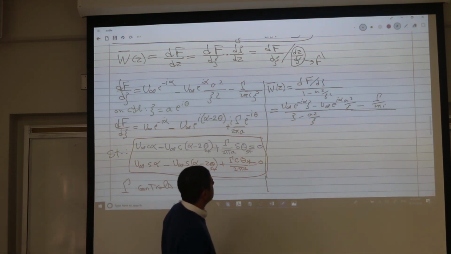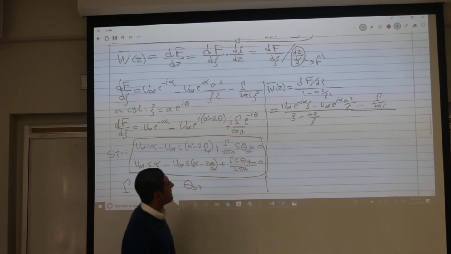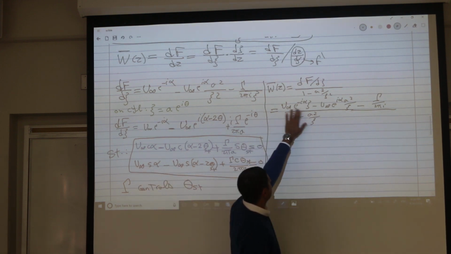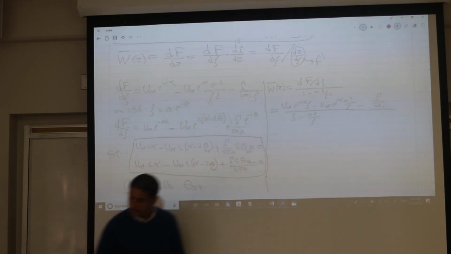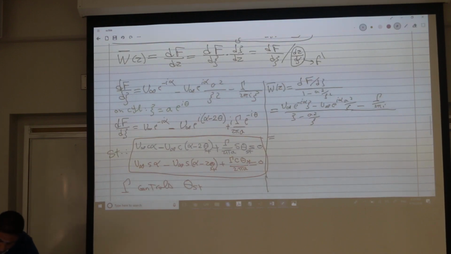And if you notice here the real part, look at the real part. Let's do it. The real part is u infinity cosine alpha times zeta. The second term is u infinity also cosine alpha, a squared over zeta.